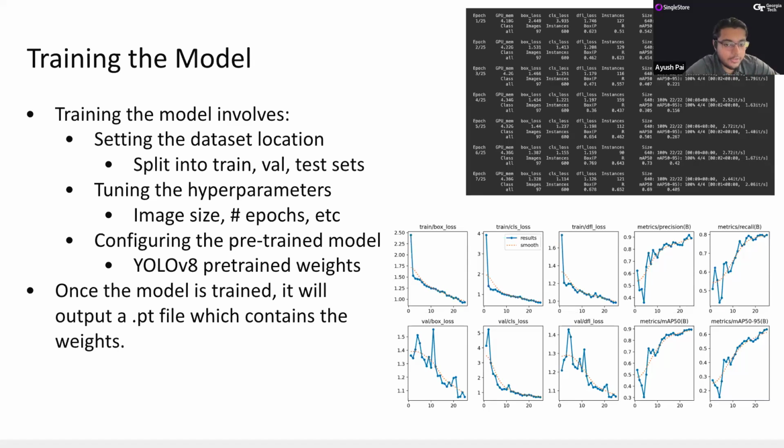The output of this training is a .pt file, which contains the weights of the model and encapsulates all the learned features and patterns that the model has extracted from the data set. These weights are what enable the YOLO V8 model to detect empty shelves in a supermarket with high precision and recall, which we're going for, making it a really valuable tool in our case.